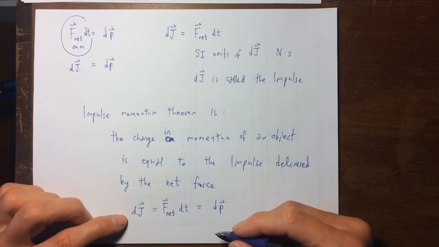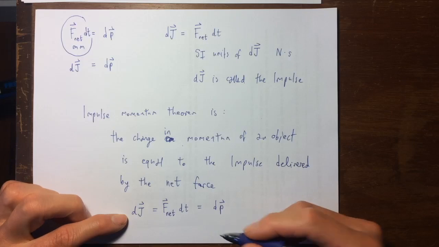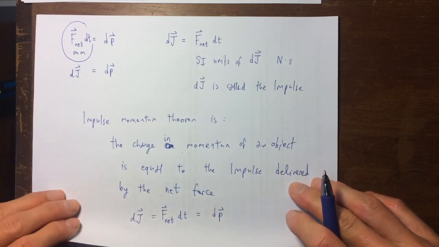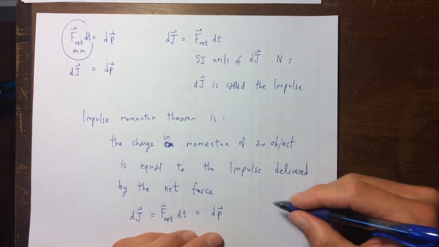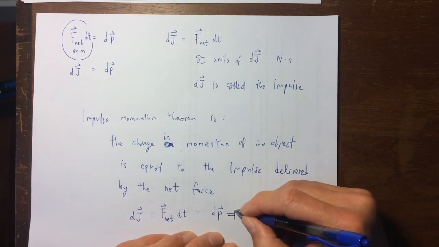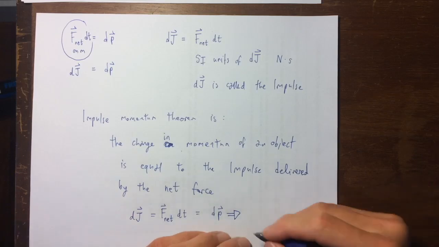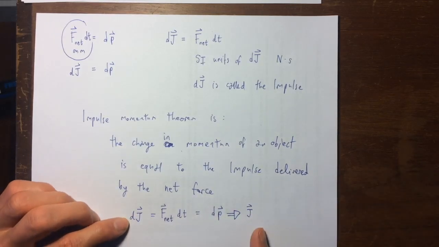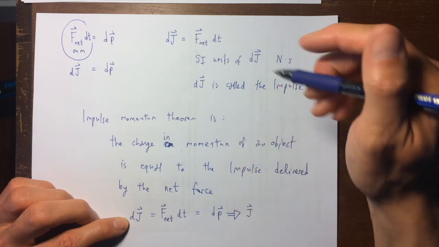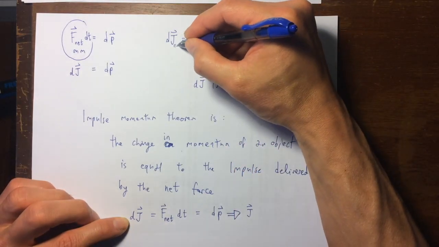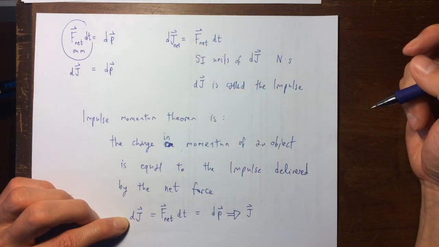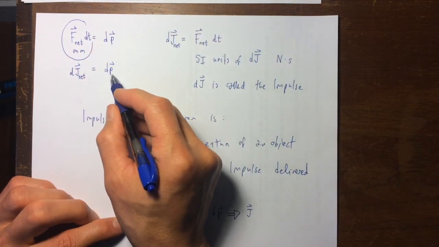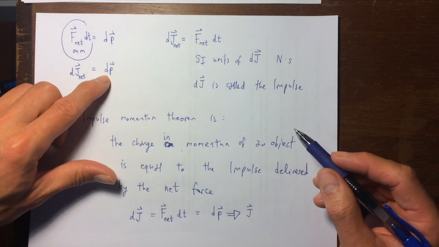So yeah, I'm going to write one more line. Maybe I should write it right here towards the right. So let's be really careful. This really is the impulse delivered by the net force. It's only the net force that results in the change in the momentum.